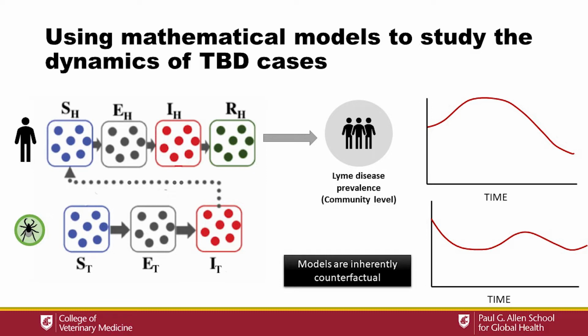If we can do that, then we can estimate the behavior of Lyme disease prevalence or incidence over time. These models are inherently counterfactual, and we can use them to explore different scenarios and get ahead of what we are going to see if we introduce an intervention.